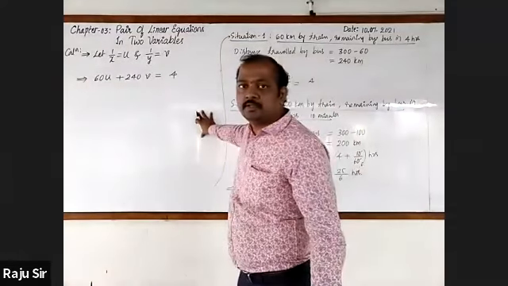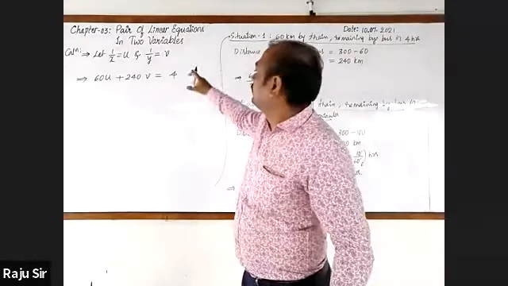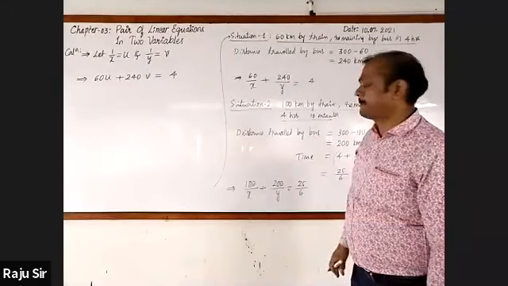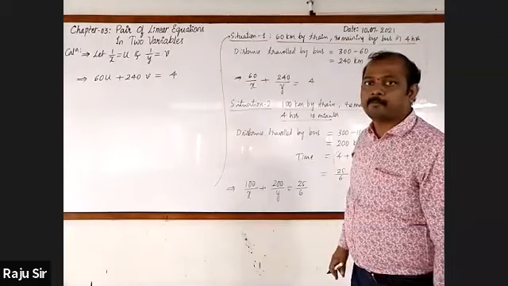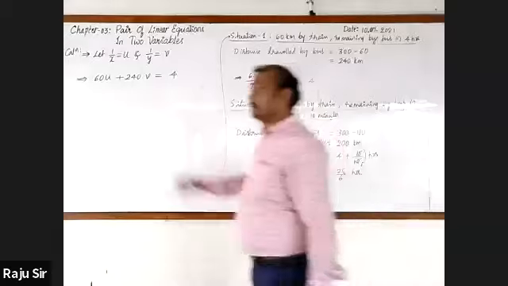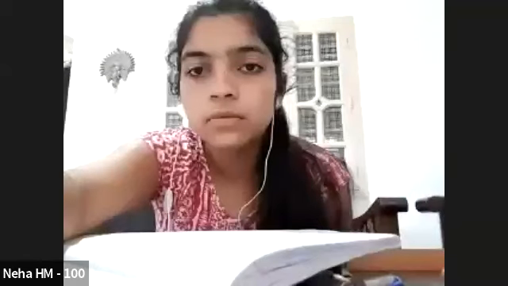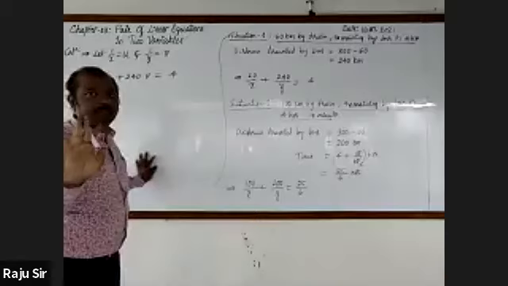Will you simplify this, or else will you go for taking the equation directly? Take 4 common. Yes. Observe here, 60, 240, and 4 are all multiples of 4.